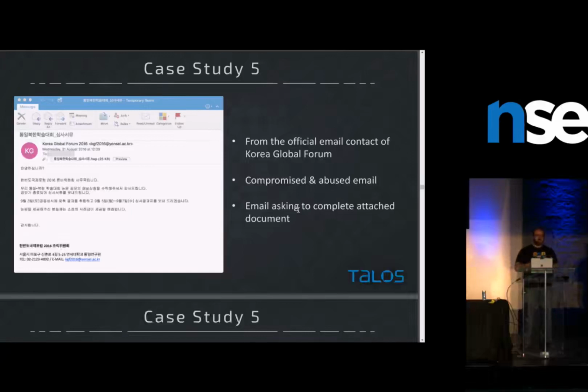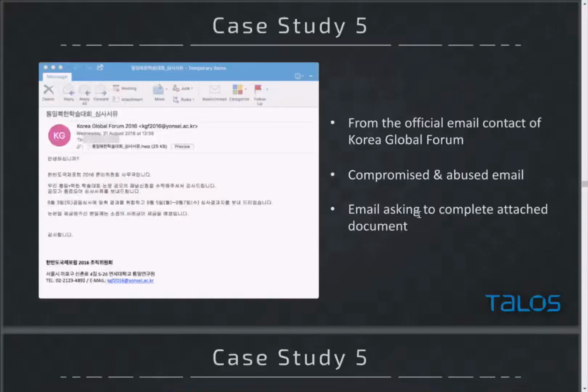And in this case, the attackers compromised the official email of Korean Global Forum. So it's a forum in South Korea. So bad guys compromised the email account and sent spear phishing from this legitimate email to several people with a survey in attachment.